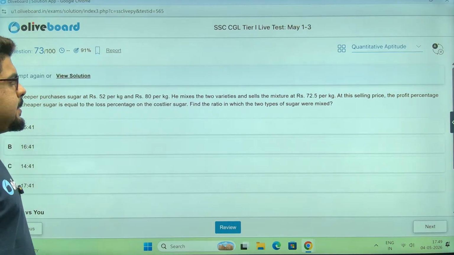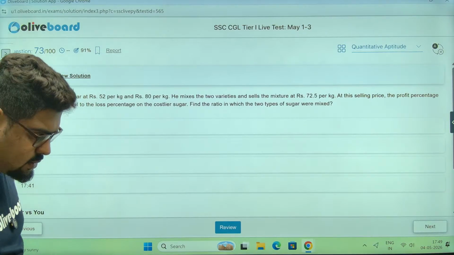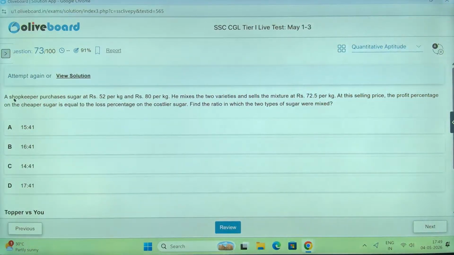Profit percentage. This looks off. They should have said profit on the cheaper sugar. Why have they given profit percentage?